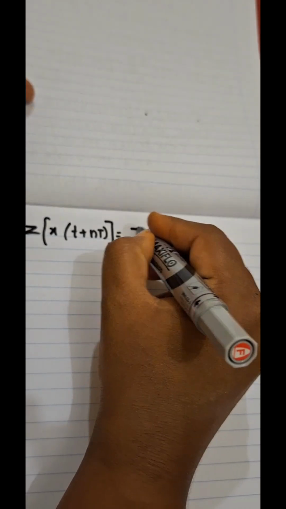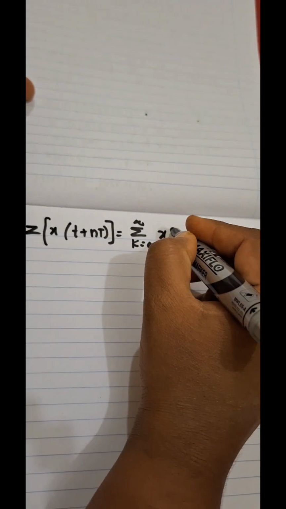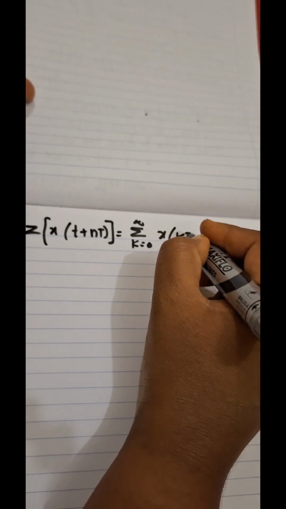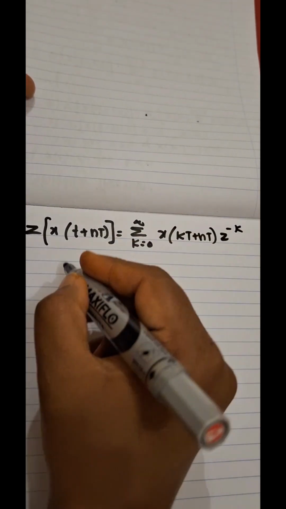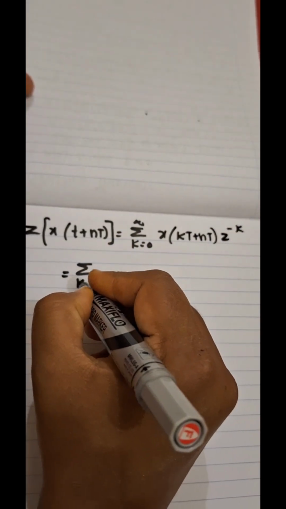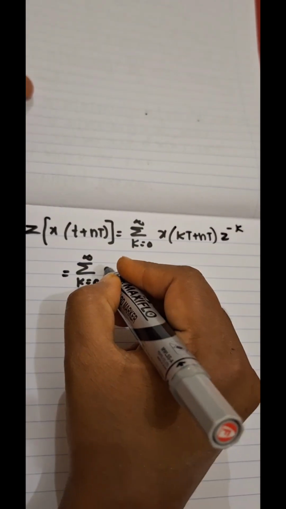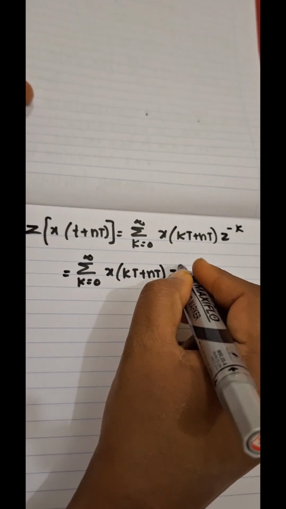So this equals sigma k equals 0 to infinity, which is what we write as the formula. The same thing I am writing, kT plus nT z power minus k. Here this is k plus n, so here also I want k plus n. To bring k plus n, I am writing kT plus nT z power minus k.